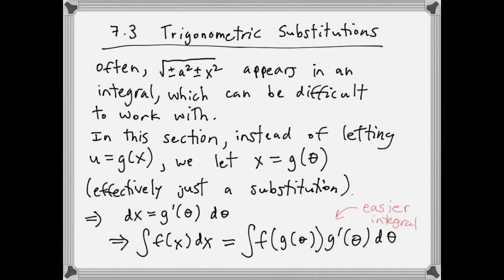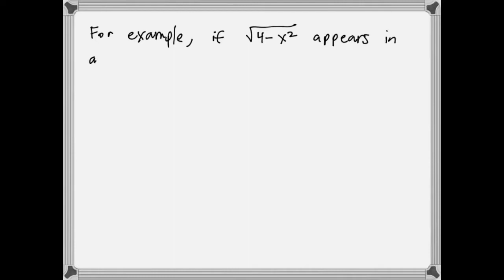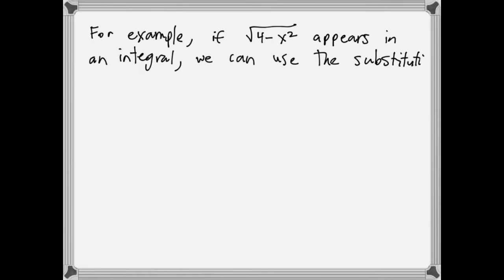Let me give you an example. Not a full-on example. I just want to say, for example, if the square root of 4 minus x squared appears in an integral, we can use the substitution x equals 2 sine theta.